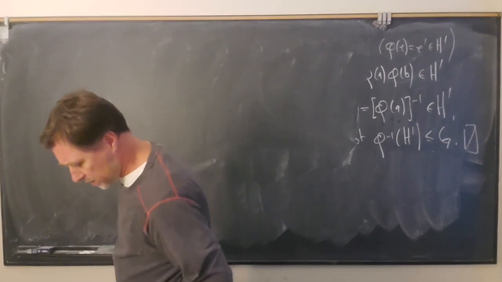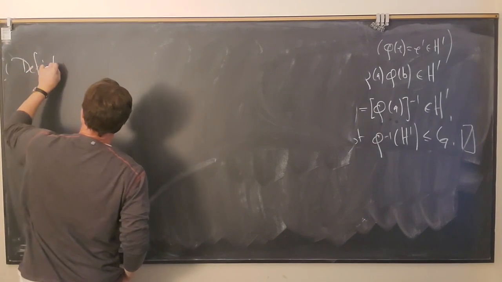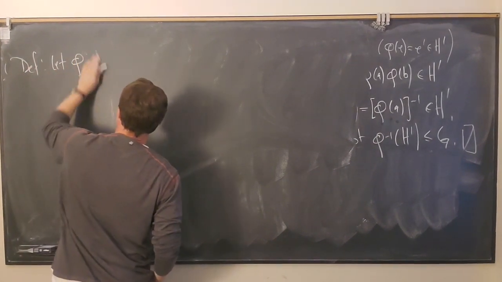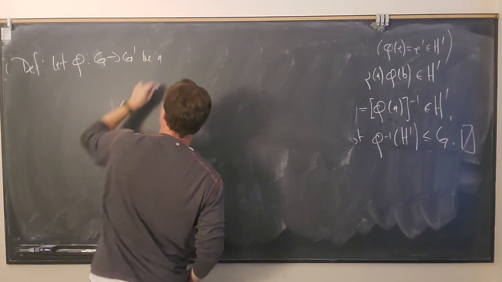Okay, so the next thing I want to talk about, we need this definition here. Let phi from G to G prime be a homomorphism.